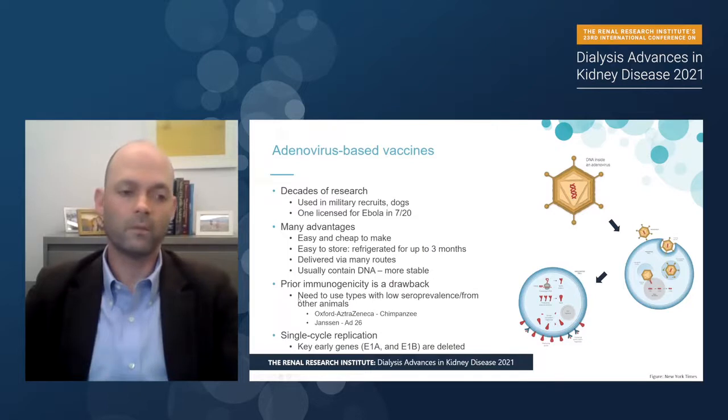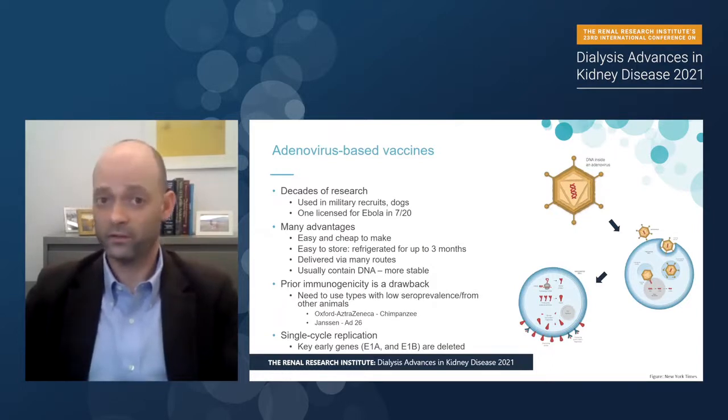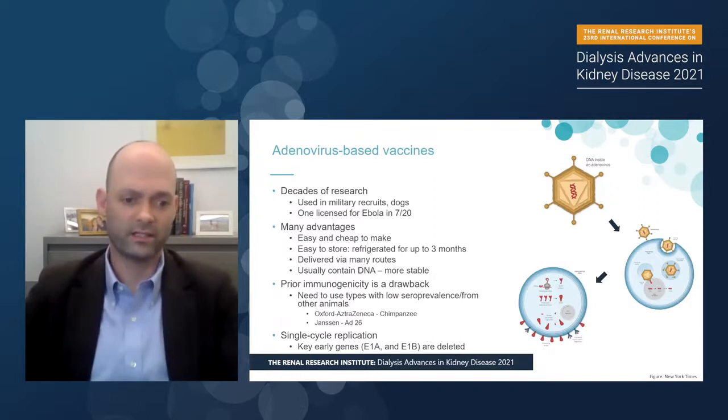So what many vaccine candidates have exploited are less usual adenoviruses that we don't necessarily have prior immunogenicity to, or even adenoviruses from different species. For example, the Oxford AstraZeneca vaccine is a chimpanzee adenovirus, so we're not that exposed to it, and we don't have this erratic immune response to the adenovirus. And the Johnson & Johnson vaccine uses adenovirus 26, which again is quite an uncommon adenovirus.